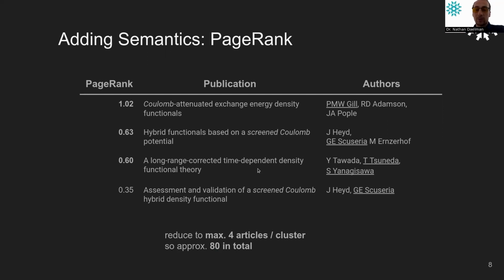Anyhow, what is most important for our intents and purposes is that the PageRank here drops off very rapidly. This means that we can cap the amount of references that we read, and basically we then fall back onto a level where we can again apply a manual approach and manually vet these articles.